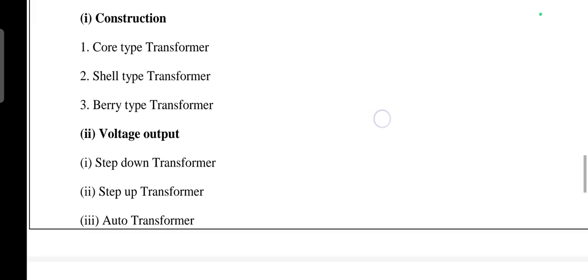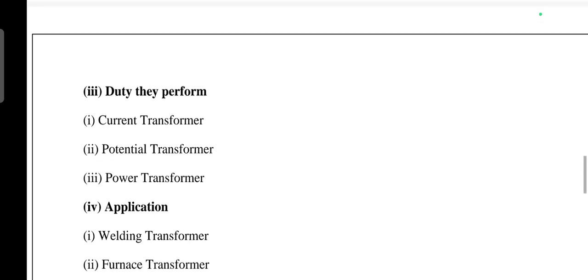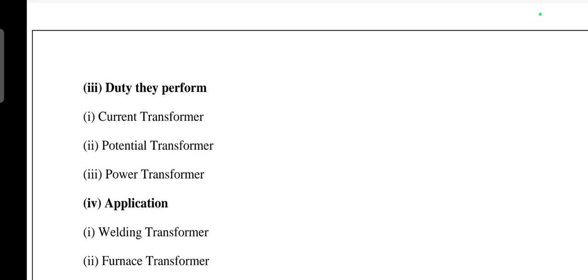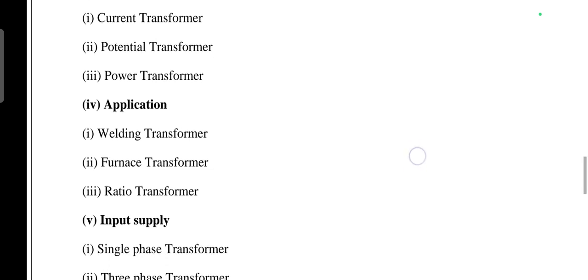Based on the voltage output, there are three: step down transformer, step up transformer, and auto transformer. Based on the duty they perform, there are three: current transformer, potential transformer, and power transformer. Based on the applications, there are three types: welding transformer, furnace transformer, and ratio transformer.